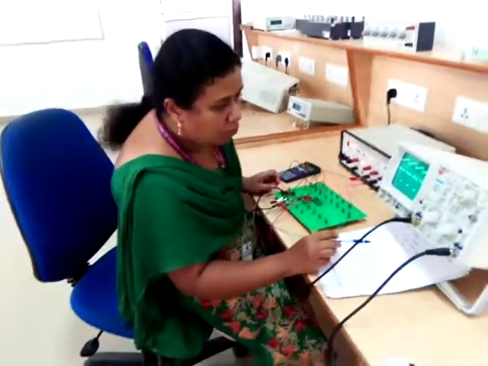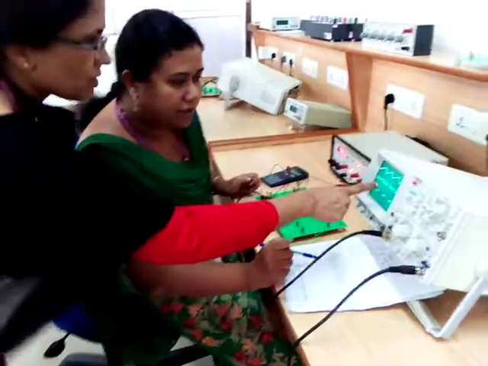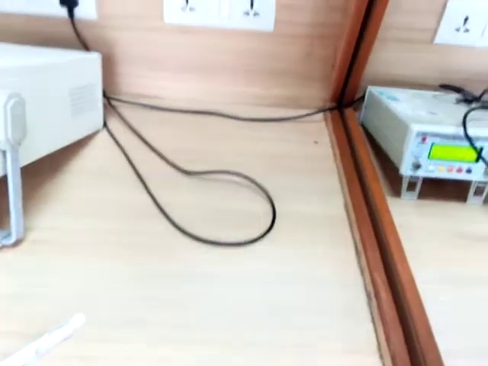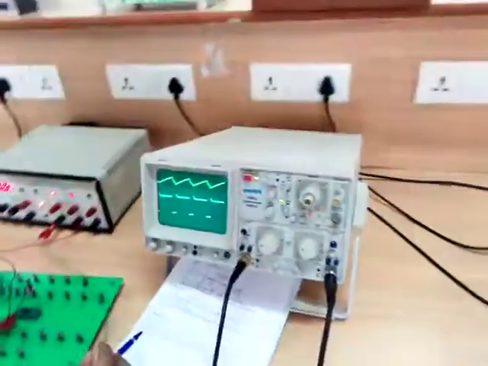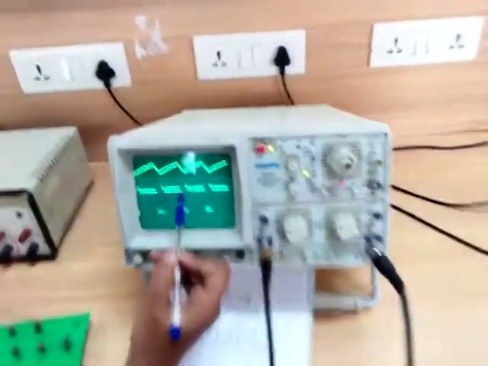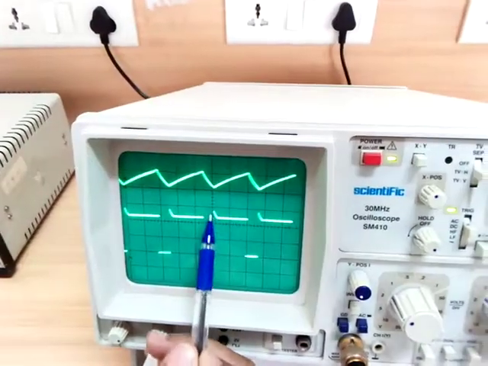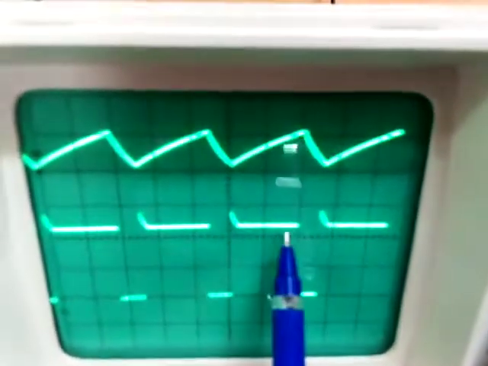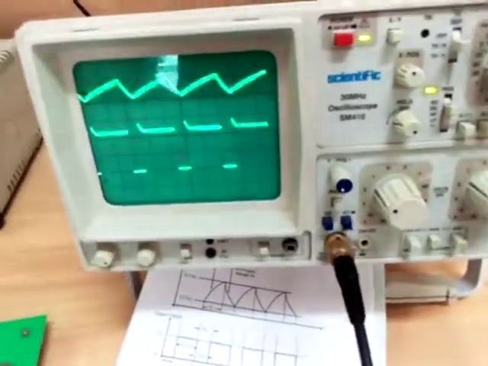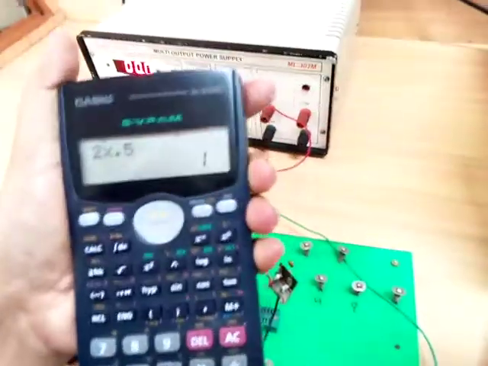If we connect properly, we can achieve the proper values of T on and T off. Here, if we consider this part, it is 2 divisions. 2 into 0.5, you will get T on as 1 millisecond.